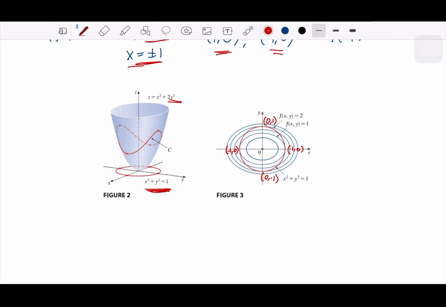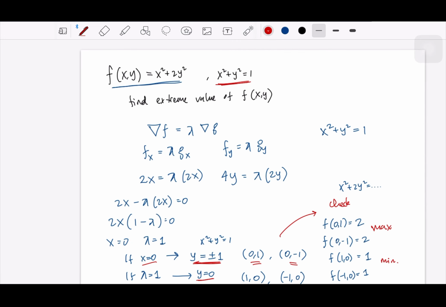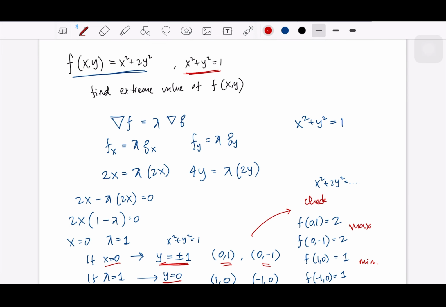Okay. I hope you can get the notions or the applications on how we can use the Lagrange multiplier to maximize or to find the extreme value of the functions, and how we can use the Lagrange whenever we find a function that we are going to optimize, and a constraint that the question gives.